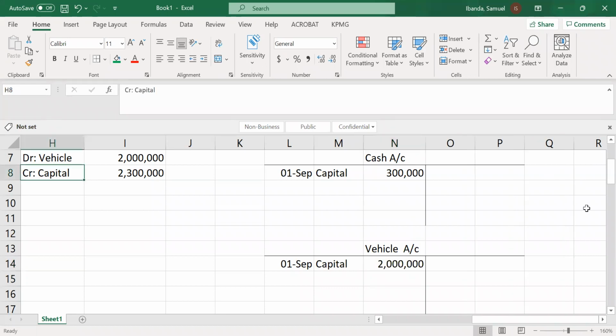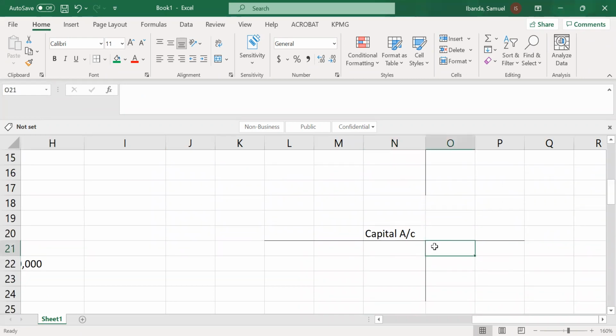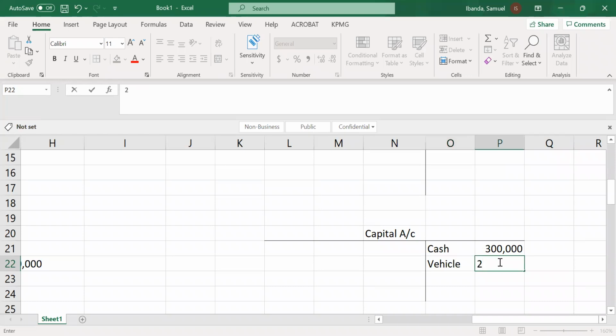Then in capital, I'll break up the two amounts. Capital I credit, so I'll come here and say cash of 300,000, and I also say vehicle of 2 million, sorry.